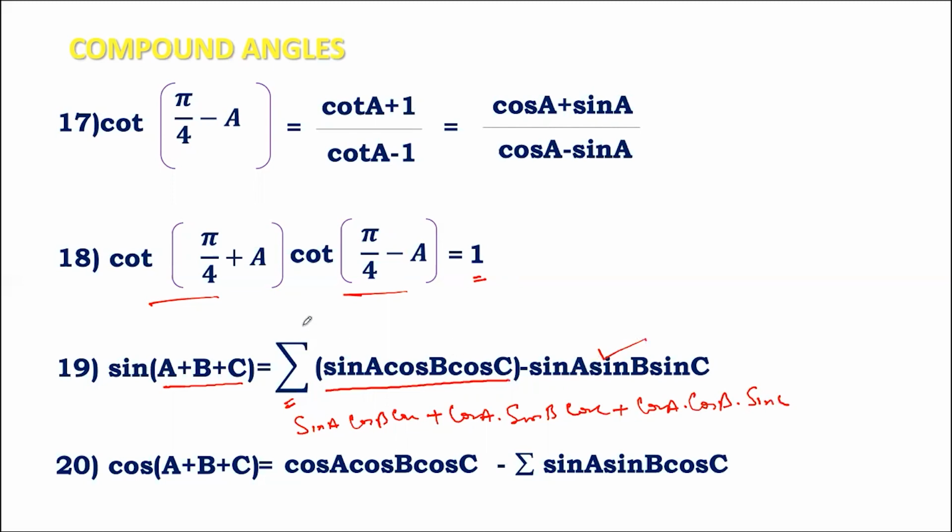If the summation is given for one term, you have to understand it must be in cyclic order. Again, for cos(A+B+C), the term will be the same, but it will go in cyclic order: sin A sin B cos C, plus sin A cos B sin C, plus cos A sin B sin C. All three terms will come in this formula.